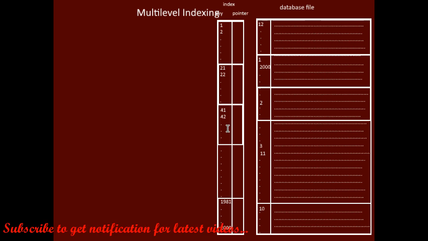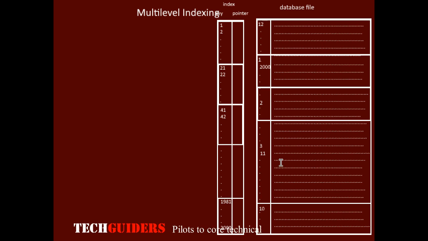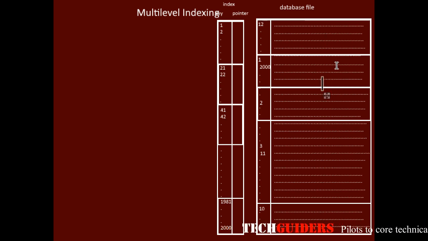Even if it fits, it consumes a lot of space in the main memory. Also, the number of block accesses required in order to access a search record depends on the size of the index file. So what should we do? If the data file is large, we will create an index for it.